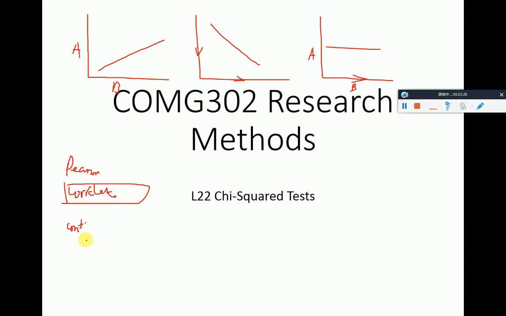These are all examples of what we call continuous variables. So that's what Pearson correlation can do, establishing the correlation or relationship between two or more continuous variables.